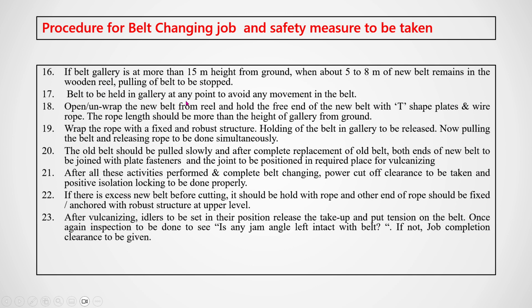So the belt length should be much more, because 8 to 9 meters of excess length is required to reach up to the 15-meter height from the ground. That's why 5 to 8 meters of new belt must remain available on the wooden reel. Then the belt is to be held in the gallery at any point to avoid any movement of the belt.